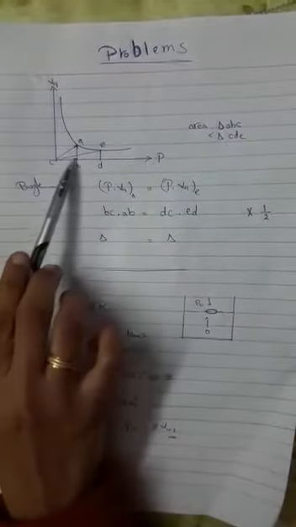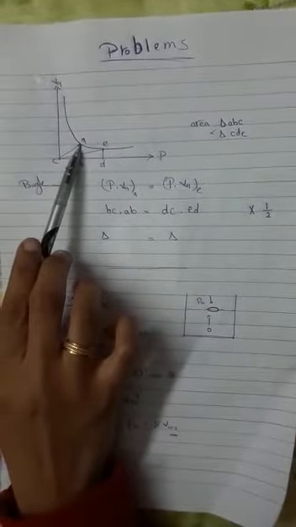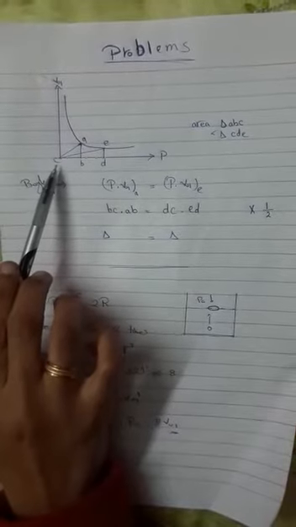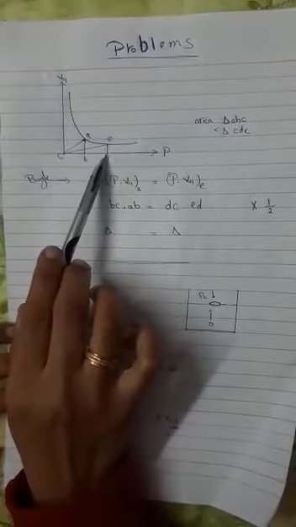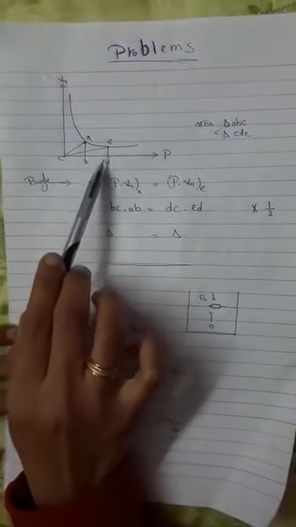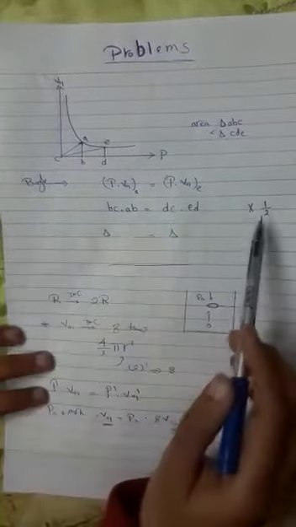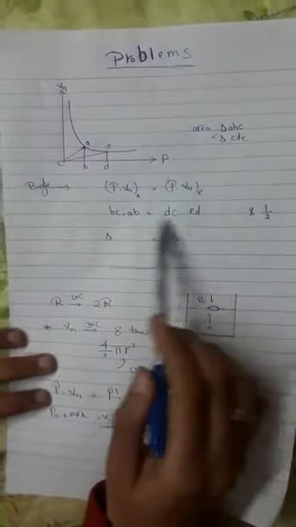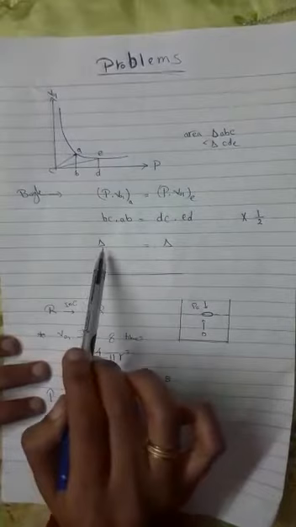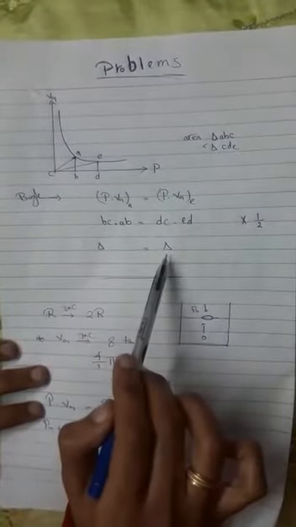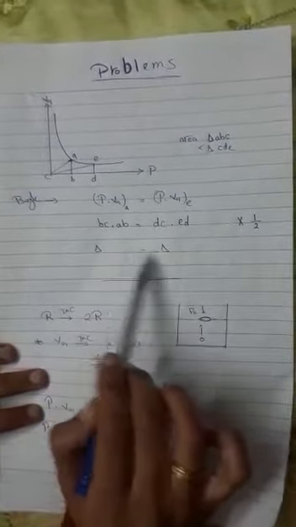So BC times AB equals DC times ED. By multiplying both sides by half, the triangle areas are equivalent.